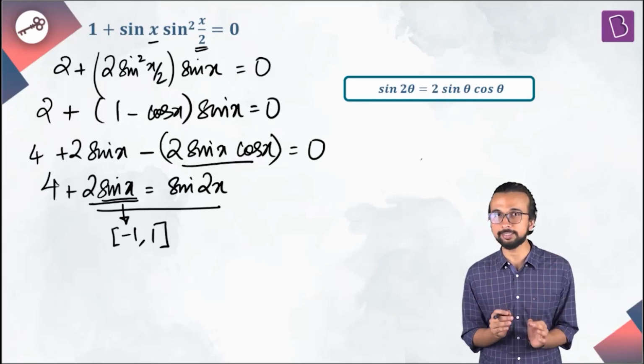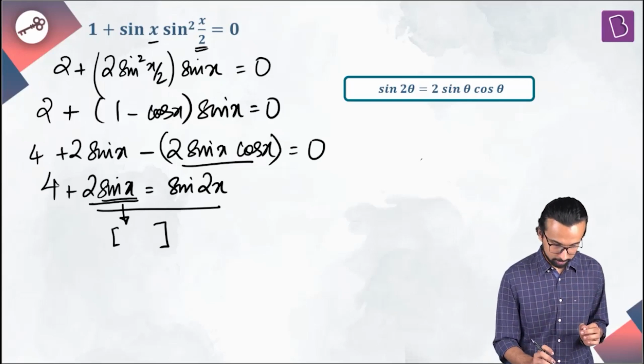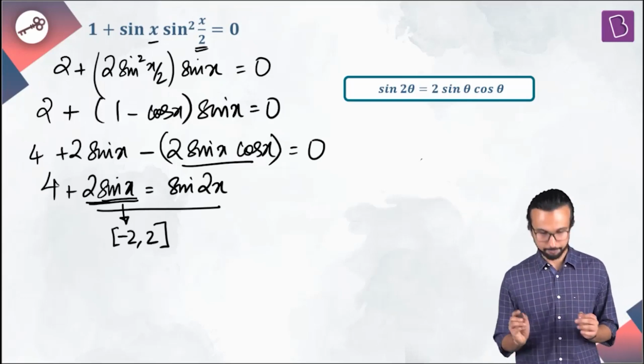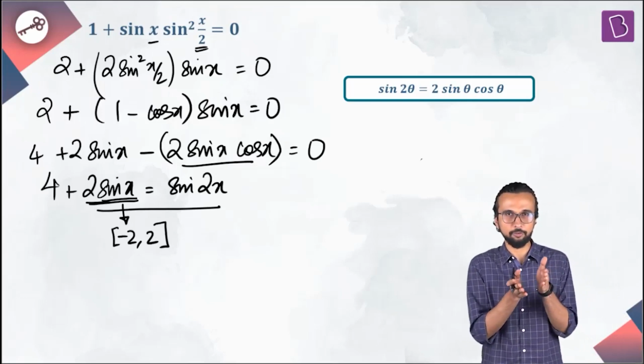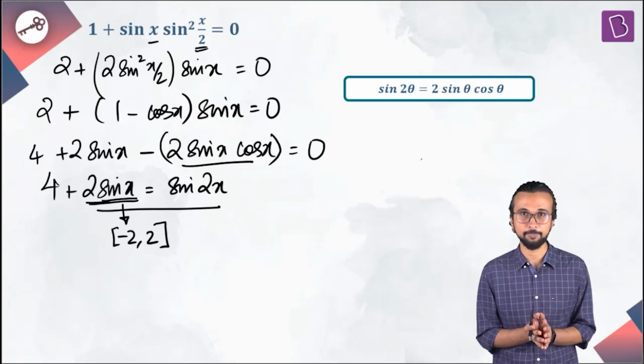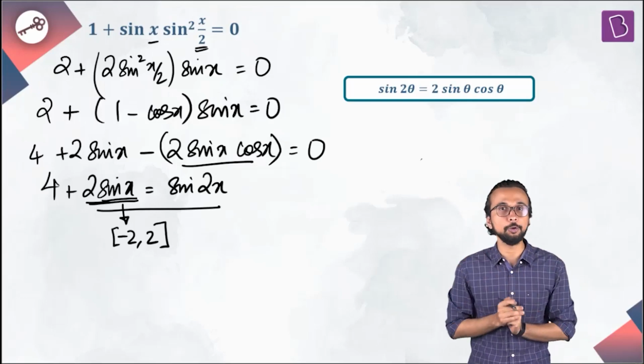What about 2 sin x? 2 sin x will be between minus 2 and 2. Now if I add 4 to it, what will happen? The lower limit and the upper limit will get bumped up 4 units.